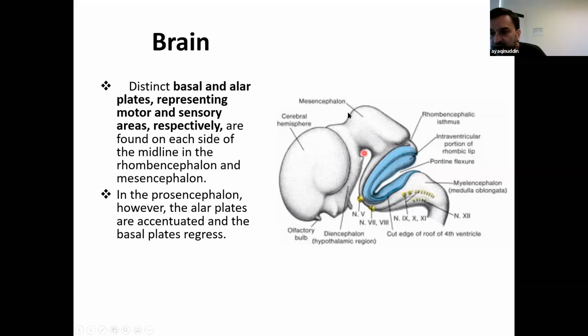In the prosencephalon, however, you would not have basal plates, you would have only the alar plates. So the neurons seen in the prosencephalon, that means telencephalon and diencephalon, basically come out from the alar plates, and the basal plates in the prosencephalon regress.